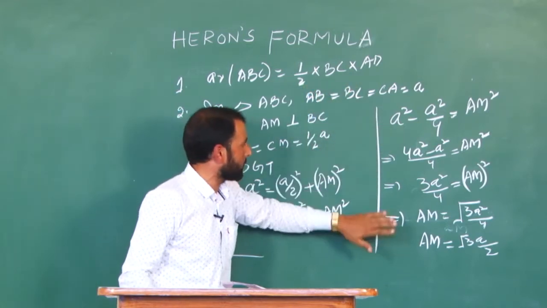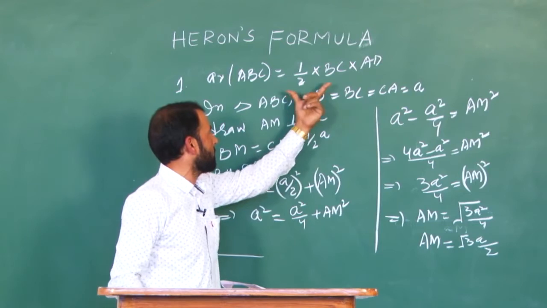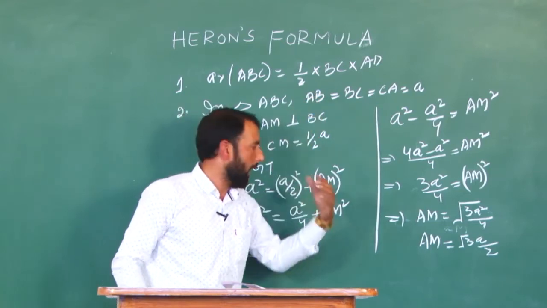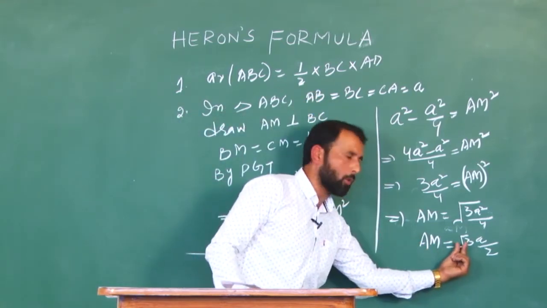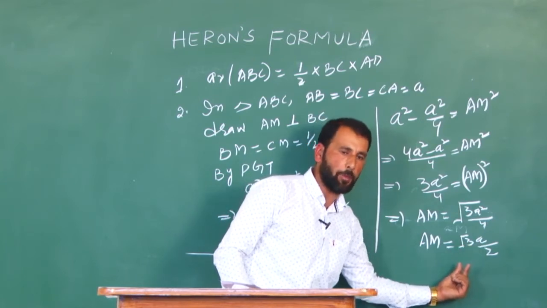So for the equilateral triangle, the base was BC, that equals a units, and the altitude is AM, that equals square root 3 a divided by 2.